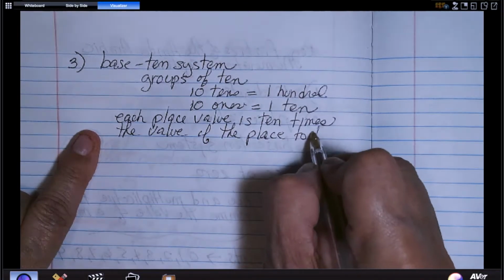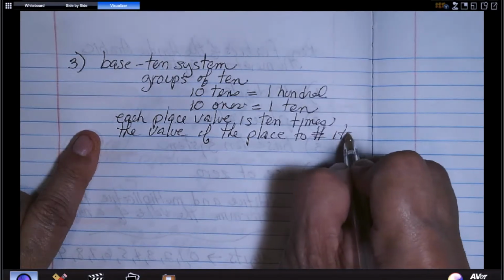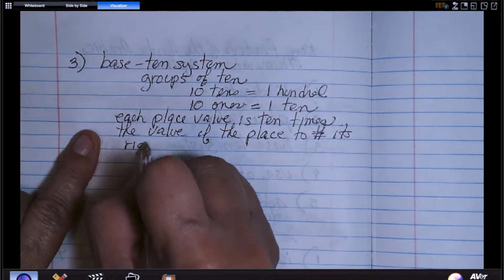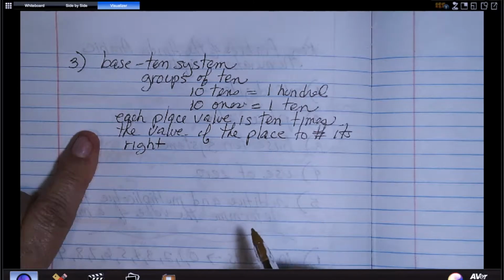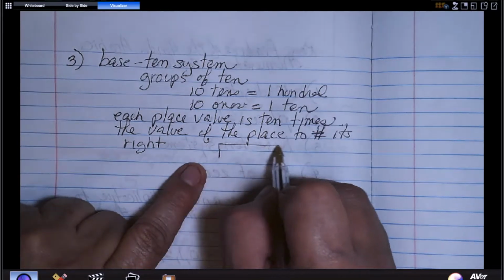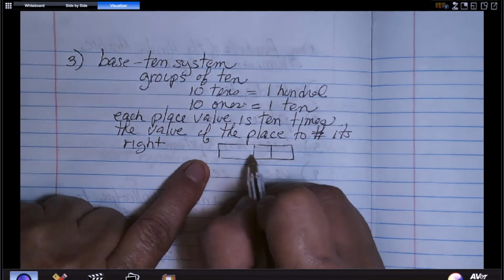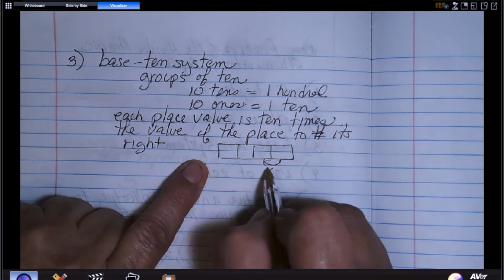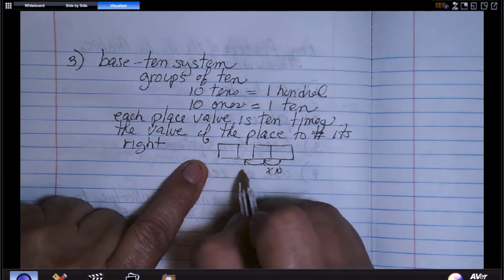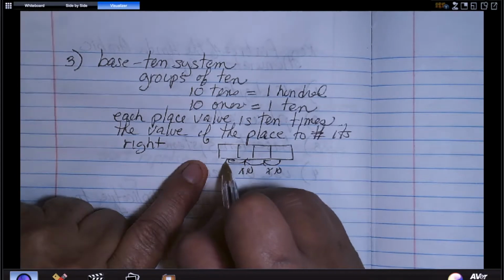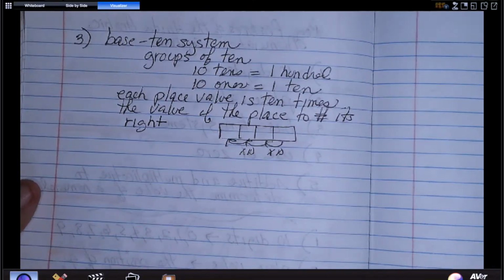Oh, I'm sorry, to its right. So every time it was times 10. Okay, place value chart.